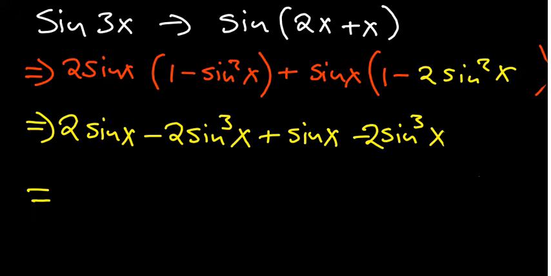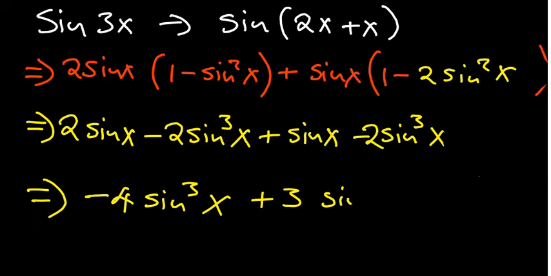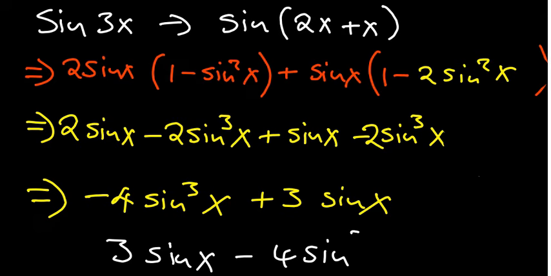If I check, I can see we have minus 4 sine cubed of x, and then 2 sine x plus sine x will give us 3 sine x. So we can write it as 3 sine x minus 4 sine cubed of x as our simplified form, or one way of expressing sine 3x in the form of sine x.